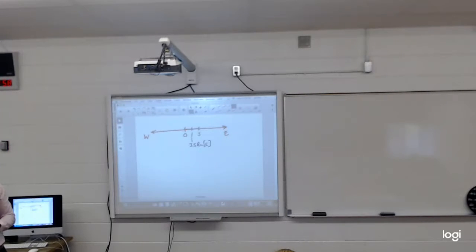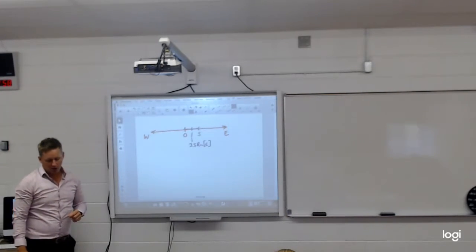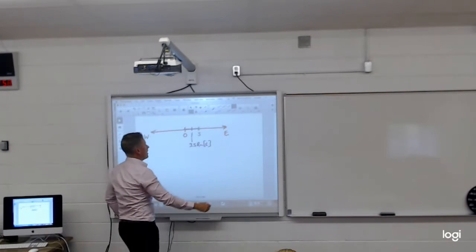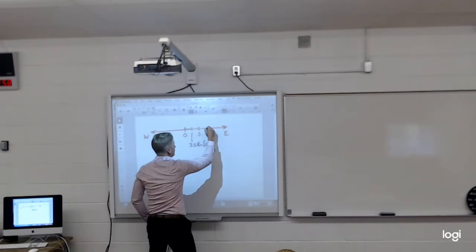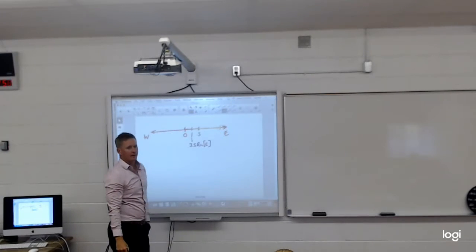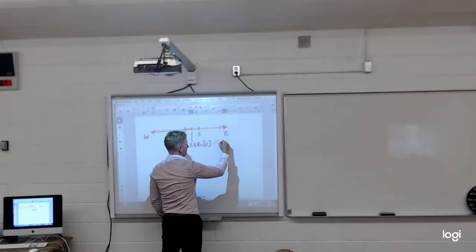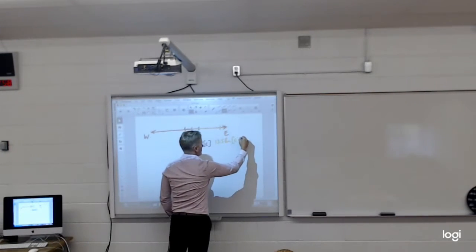And then finally, he walks 10 kilometers towards the east again. So now he walks another 10 kilometers, this way. So where is he from where he started? 13.5 kilometers to the east of where he started.